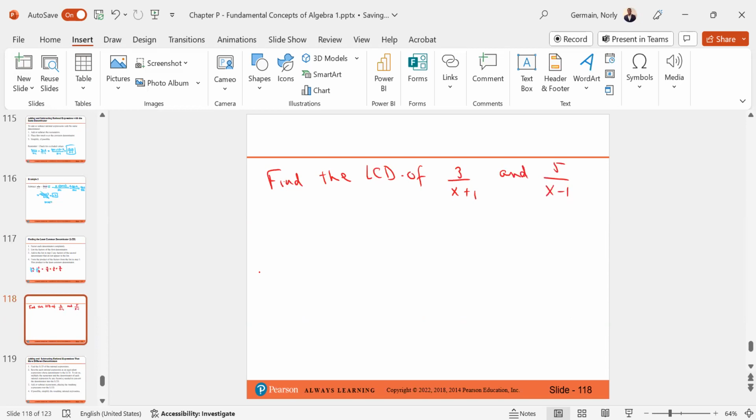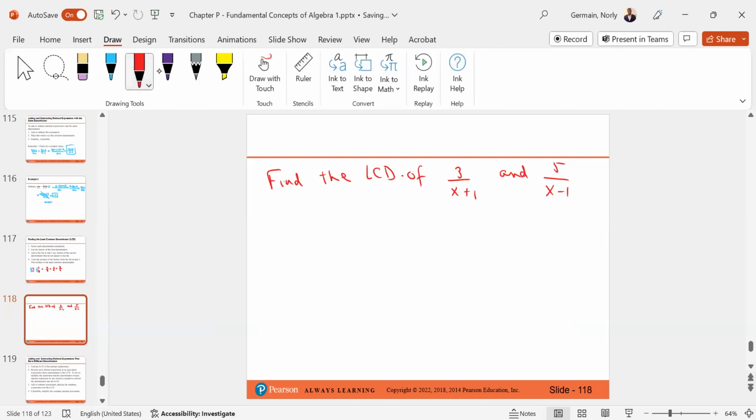So what we said from the previous one, you must first of all keep the first denominator and look at the next one for something that the first one doesn't have. Well, the first one doesn't have x minus 1, so we're going to add x minus 1. And it's simple. In this example, first of all, we check the denominators.